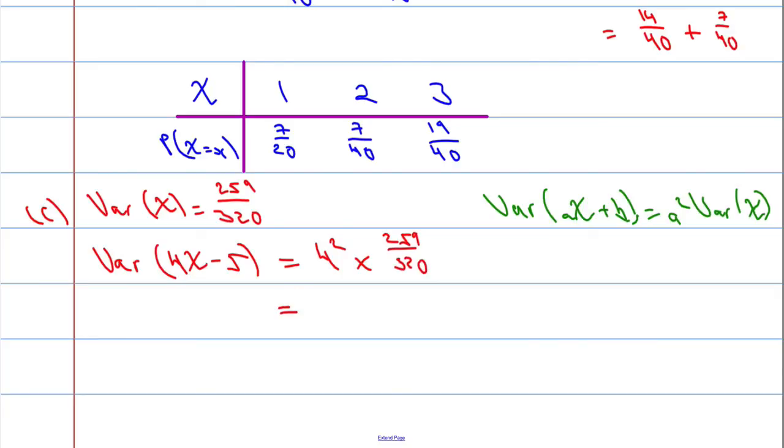We're going to get the calculator to do this. When you work this out, we're going to get 259 over 20.